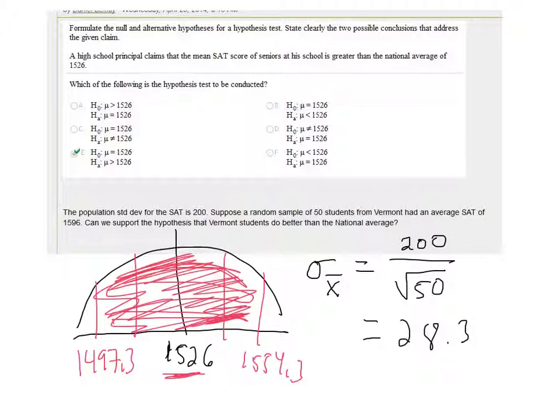So if we got a sample of 50 kids that had that high an average, which is way outside this realm, right? 1596 is way up here if we're doing a number line. So it's well out of what we'd expect. So that tells us that the average score in Vermont must be higher than 1526. Okay, because the likelihood of this happening is, well, I don't know what it is, but I know it's pretty small.